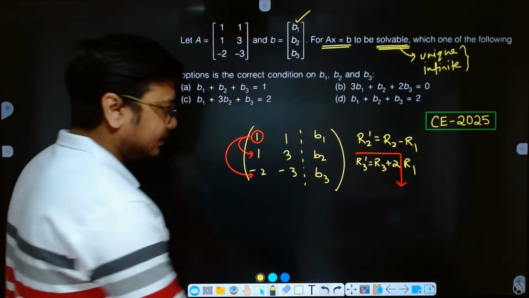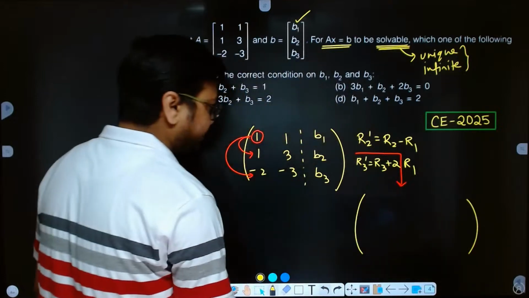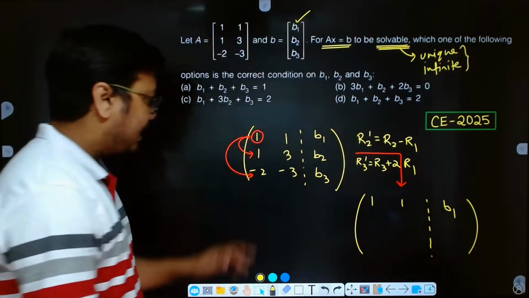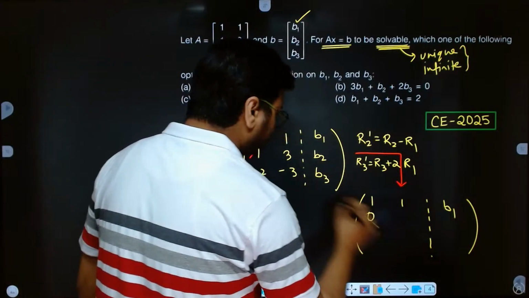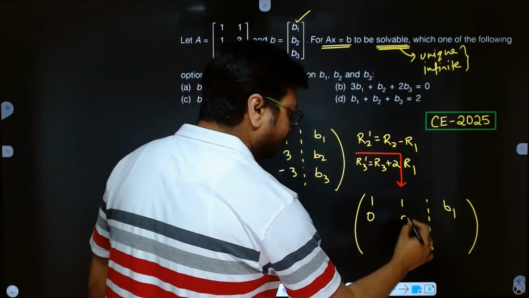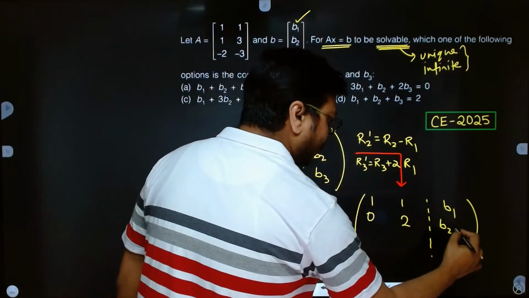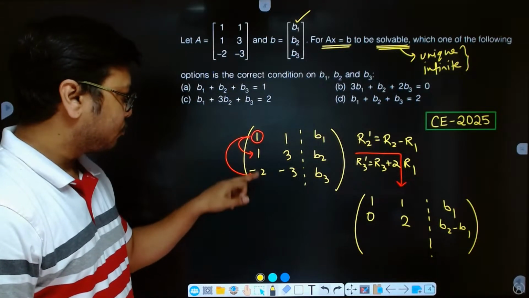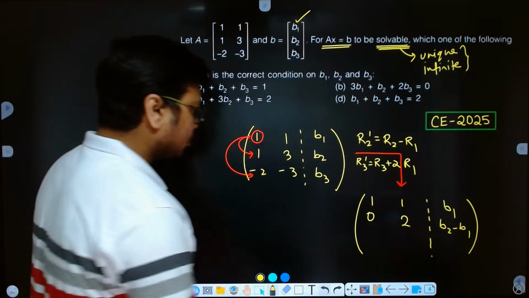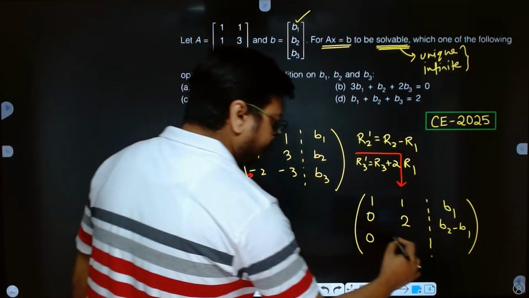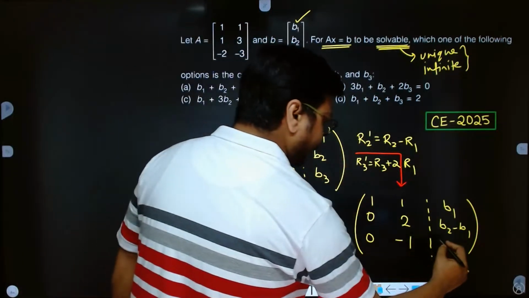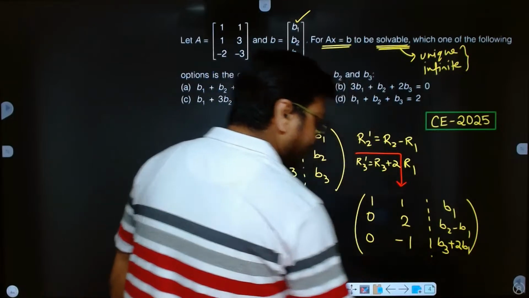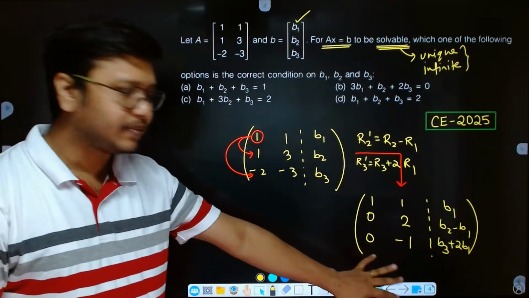If I do these two operations, I will be having 1, 1, B1, and 0, 3 minus 1, 2, B2 minus B1, and then 2 times first row added to the third row makes it 0, minus 1, B3 plus 2 times B1. So we are getting something like this.